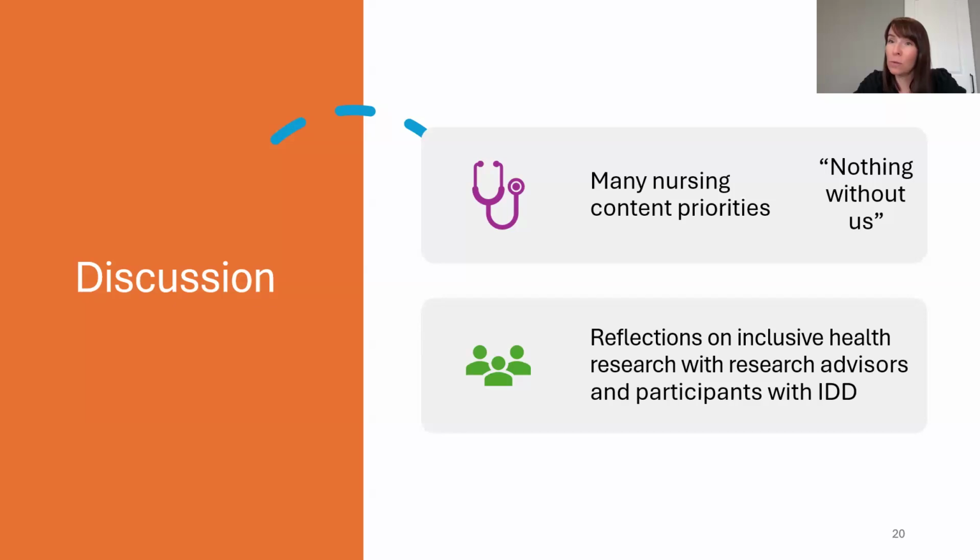A move to nothing without us rightfully identifies that all, in this case, nursing practice and learning, is of relevance to care of people with IDD. This helps answer the question, where would we make considerations about people with IDD within pre-licensure nursing education?